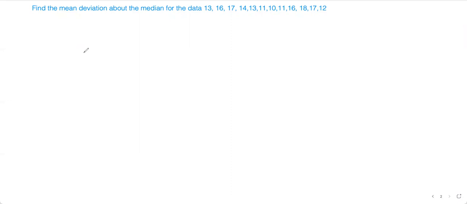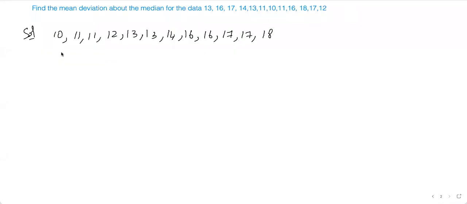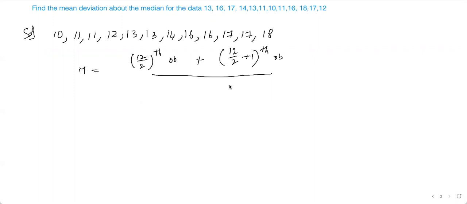Arranging in ascending order, we obtain this. The median M is the 12 by 2th observation plus the 12 by 2 plus 1th observation, divided by 2.